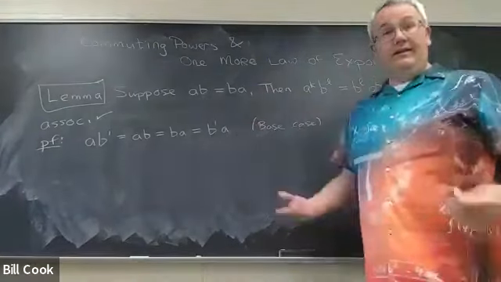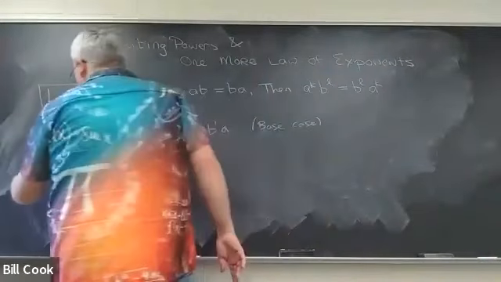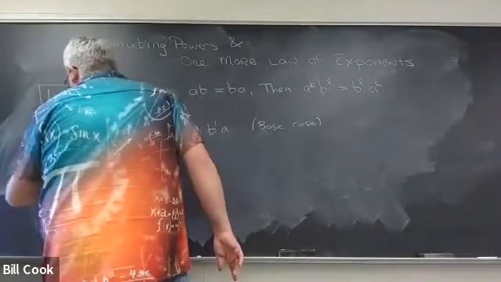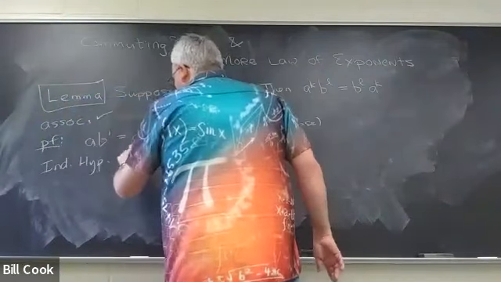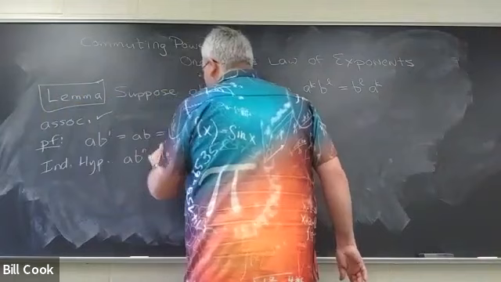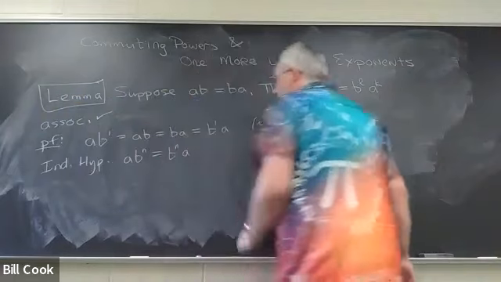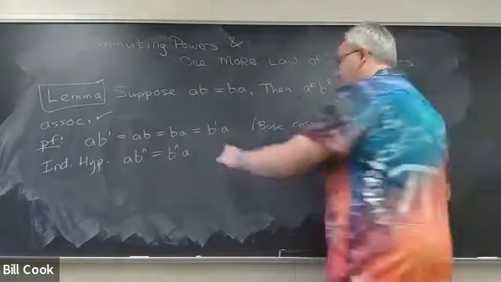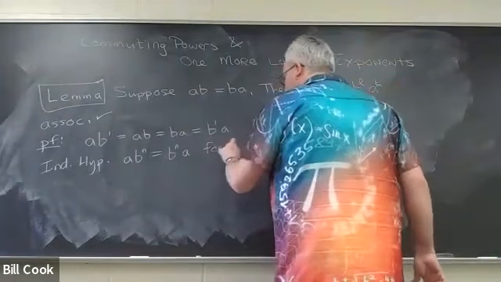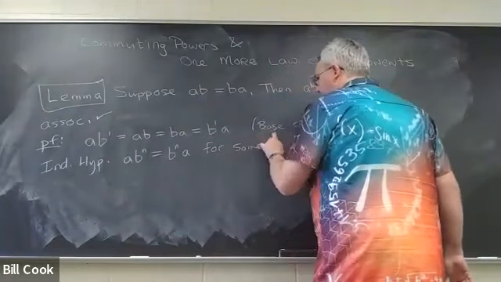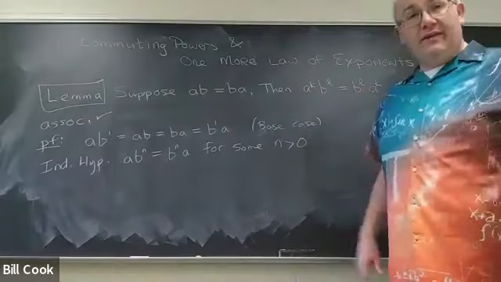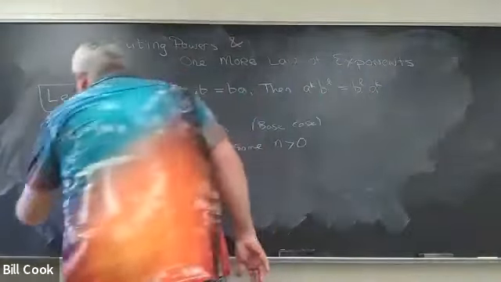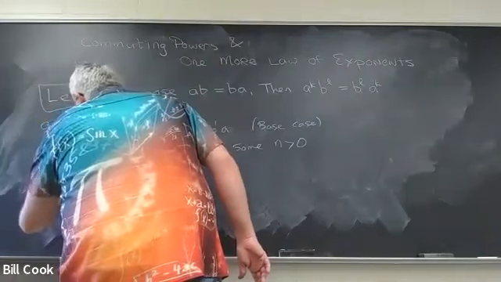Once again, I'm going to make an inductive hypothesis. My inductive hypothesis is to assume that AB to the n equals B to the n A, for some fixed positive n. Let's show that this then holds for one power more. We have AB to the n plus 1.